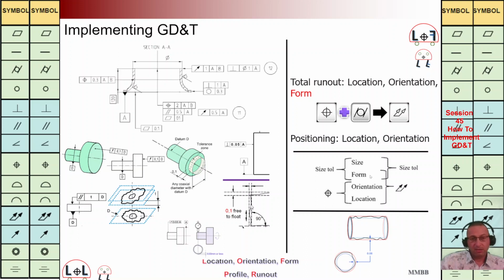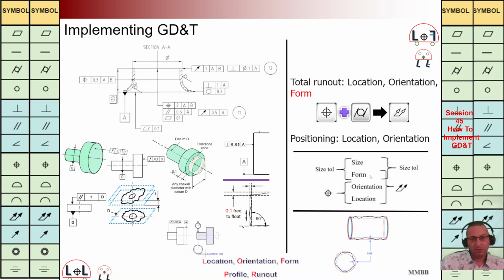But if we use run out, we control the same, but perpendicularity is much better. Whenever the component is not going to rotate, it is good not to implement run out or total run out. Let us control the direction by using this perpendicularity.